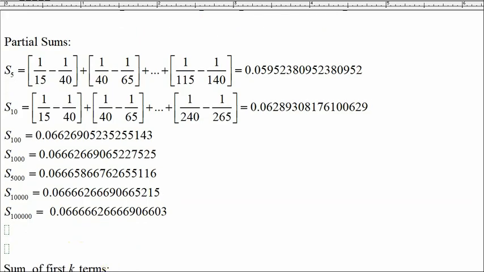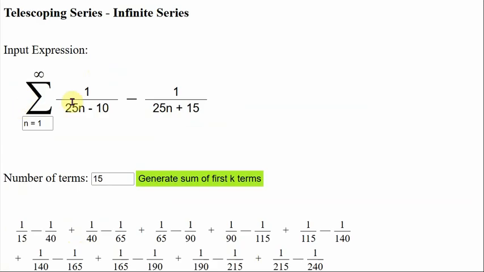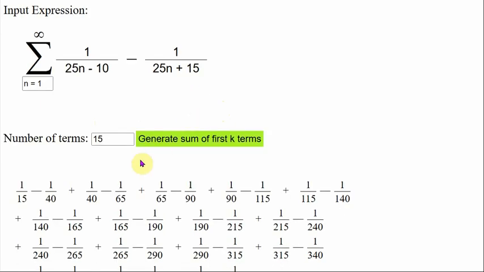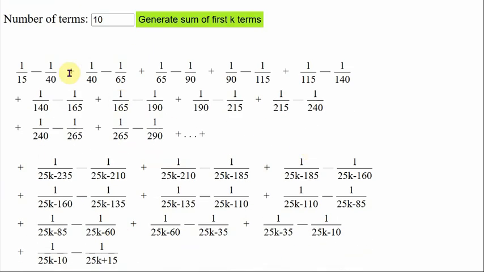So now let's write the sum of the first k terms of our infinite series with the expression 1 over 25n minus 10 minus 1 over 25n plus 15. So let's generate the first 10 terms. So these are the first 10 terms.